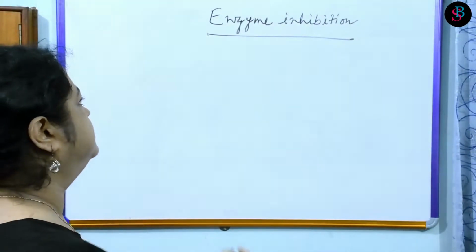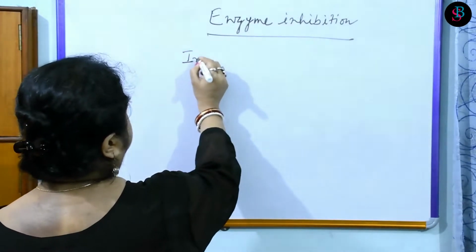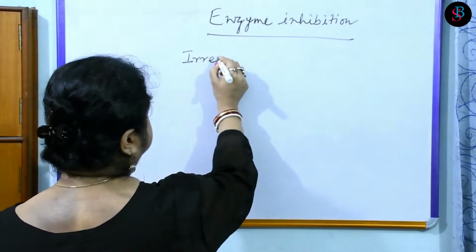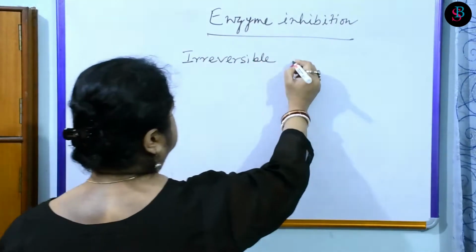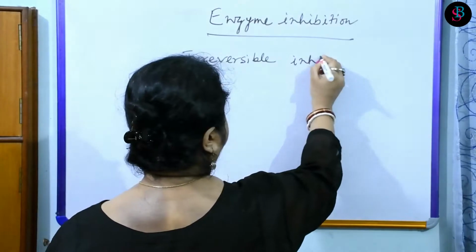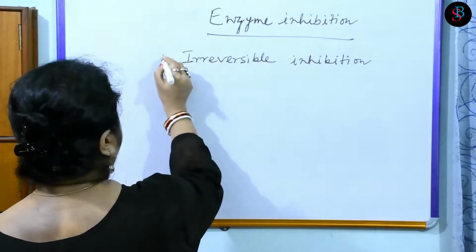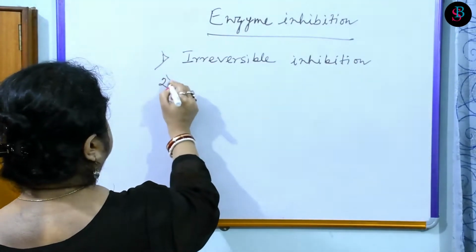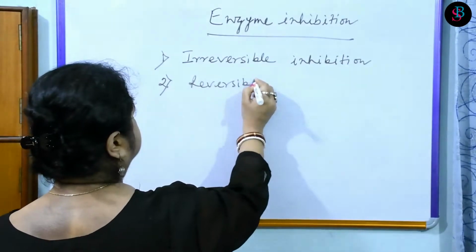Number one is irreversible inhibition, and number two is reversible inhibition.